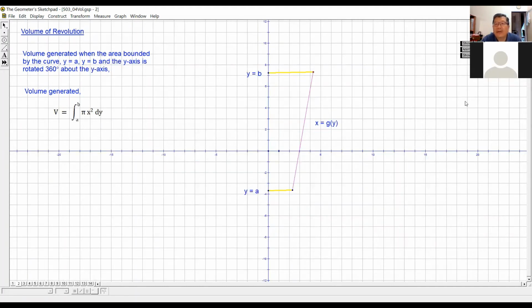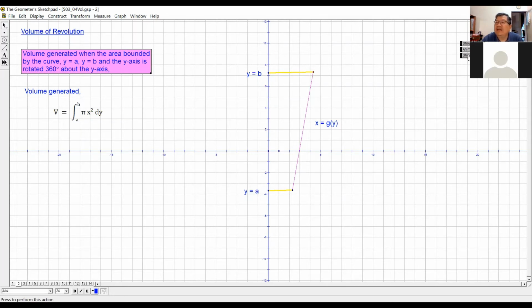Okay, so we're going to look at the volume generated. I read from the top left hand corner: volume generated when the area bounded by the curve, y equals a, y equals b, and the y-axis is rotated 360 degrees about the y-axis.